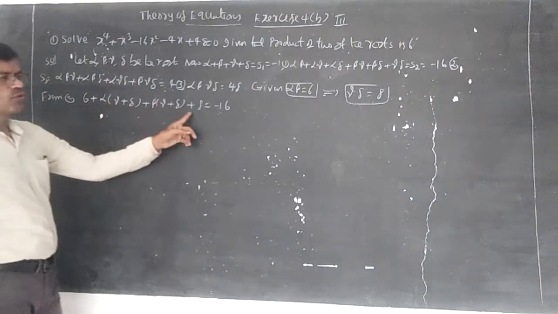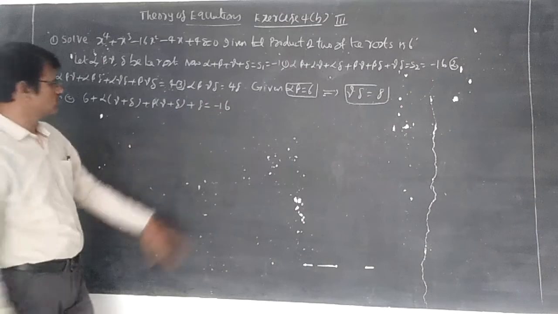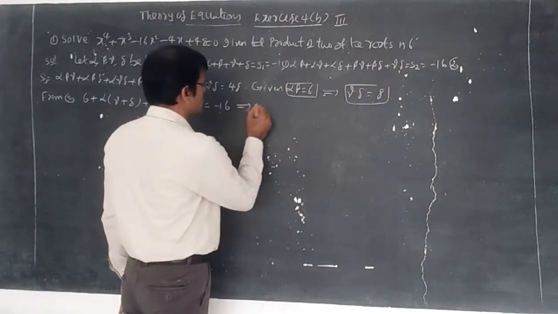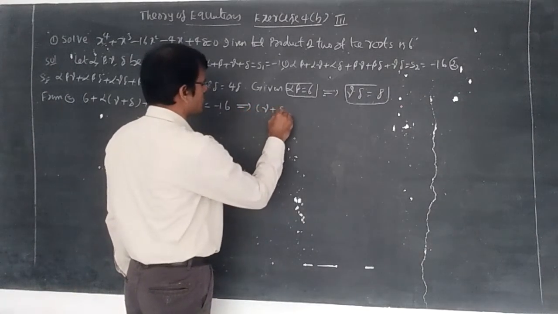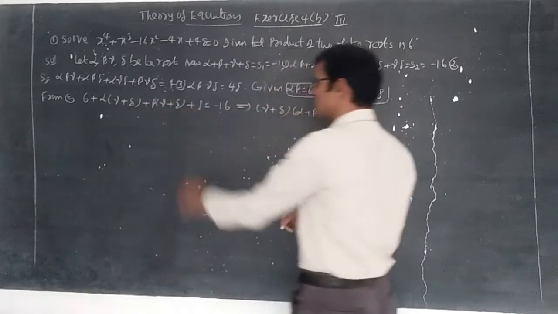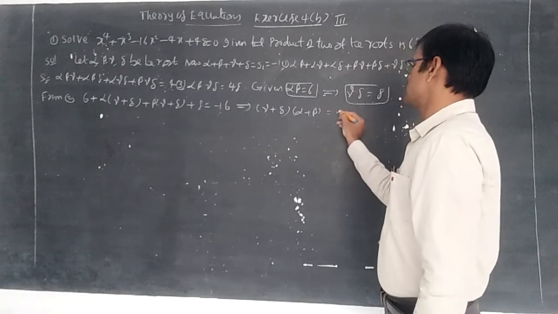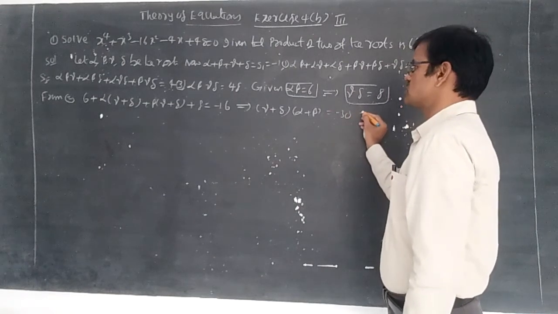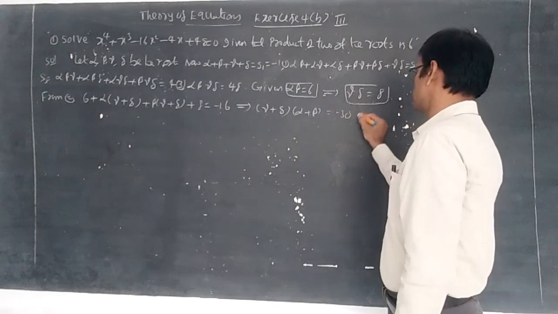Here 6 plus 8 is 14, taking that to the other side becomes minus 30. Taking gamma plus delta common, gamma plus delta into alpha plus beta is equal to minus 30. So this is the fourth equation.